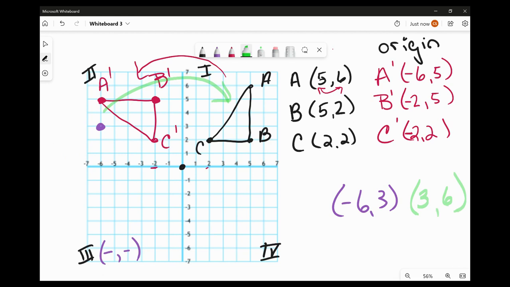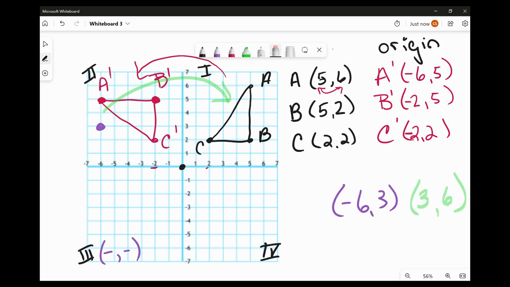And then I'm just going to look in this quadrant. In this quadrant, my signs are both positive. So it's going to be +3, +6. So for a 90-degree rotation, the important thing to pay attention to is that the X and Y switch places, no matter what. And then you have to pay attention to what quadrant it's in to understand if the signs are going to be positive or negative.